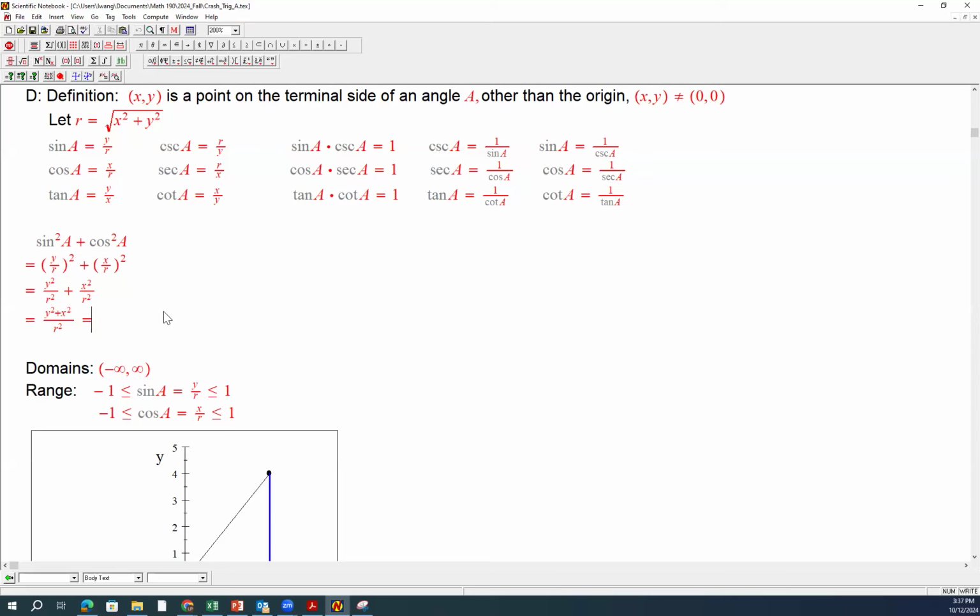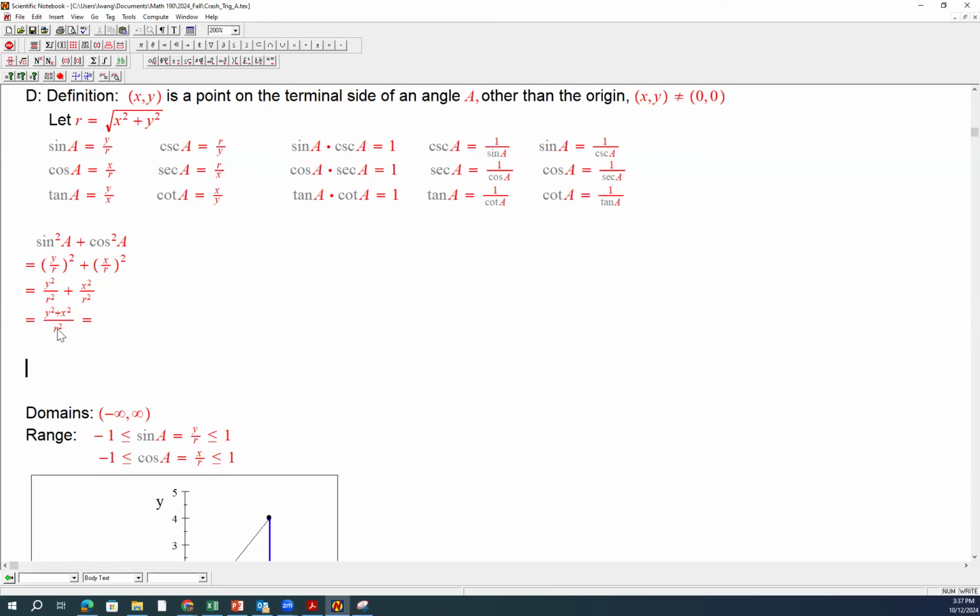So now what do we got? We know that r is the square root of x squared plus y squared, right?